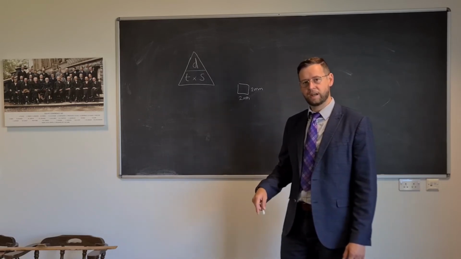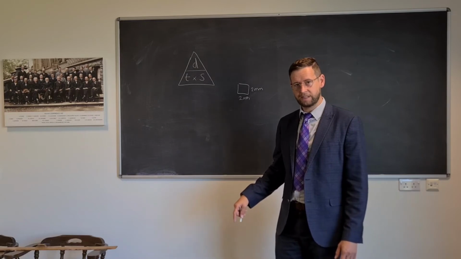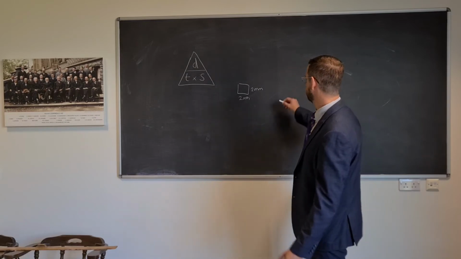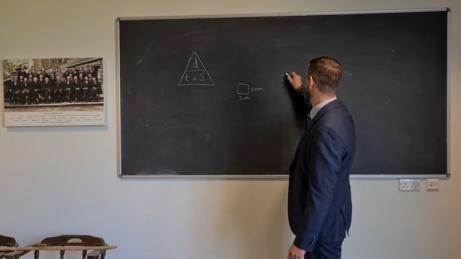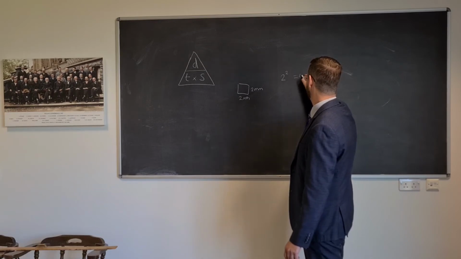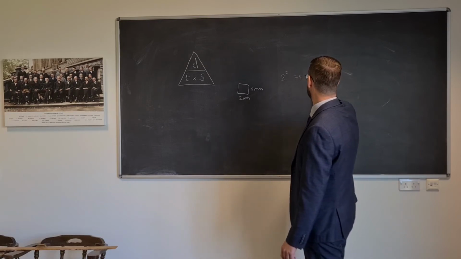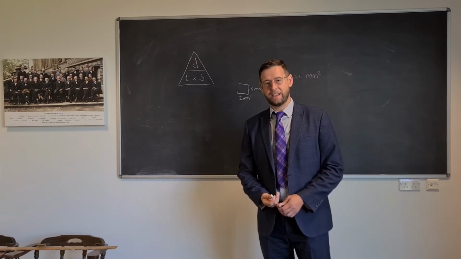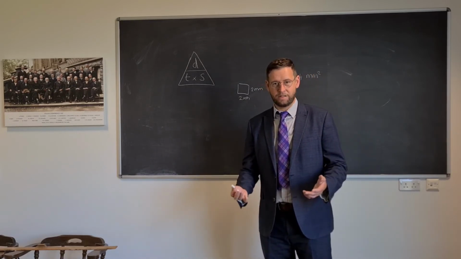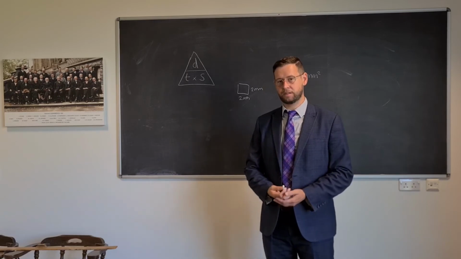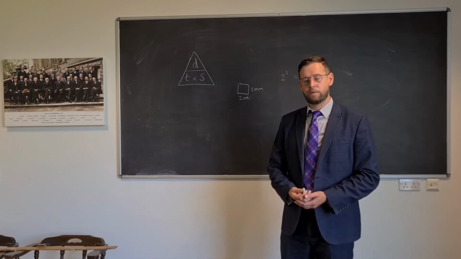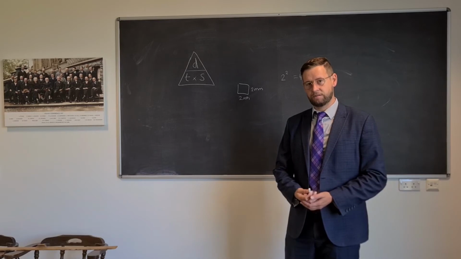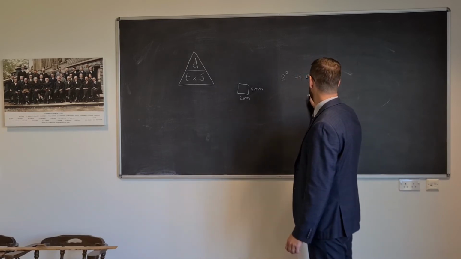If I was to work out what the area of this wire's cross-section is, I would simply do 2 squared, which is equal to 4 millimeters squared. What I've done there is I've got the area in millimeters squared.